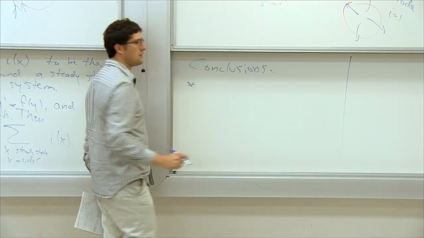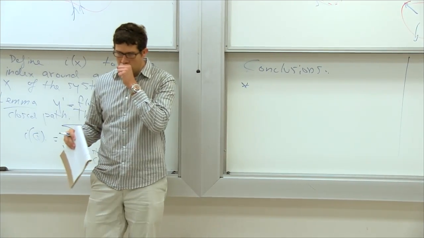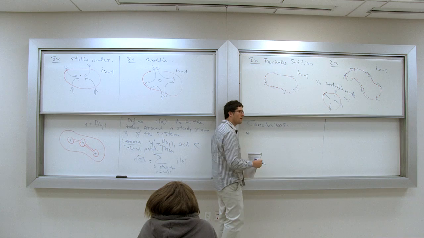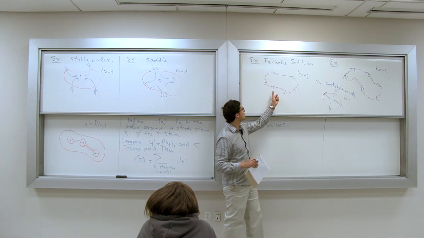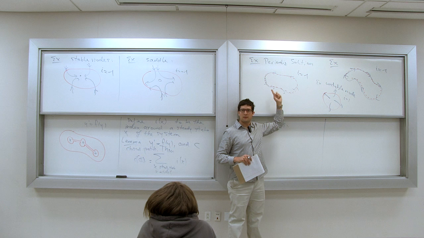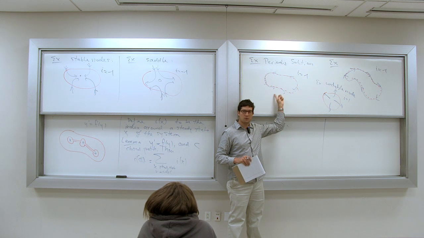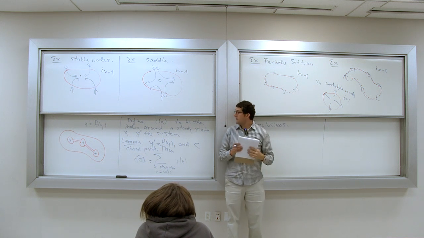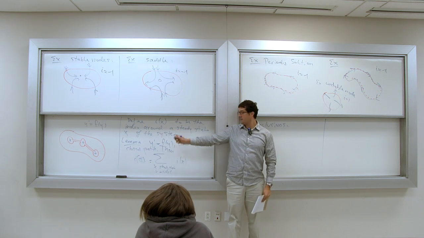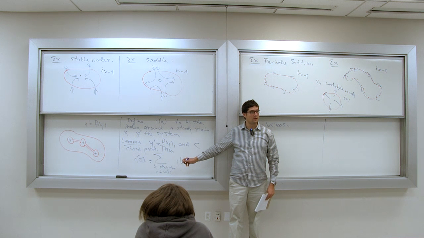For instance, suppose that we have a periodic solution like this. The index is equal to 1. We've seen it, we've calculated the index. We know that it's equal to 1. On the other hand, it's equal to the sum of this thing, right?